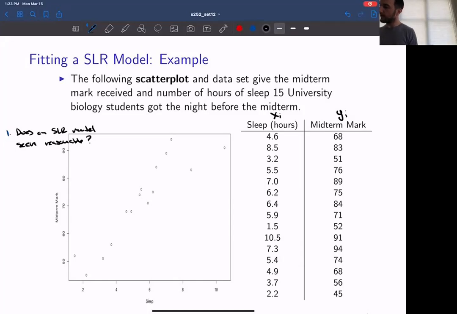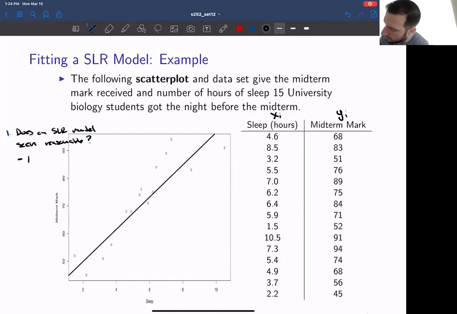Let's suppose that we just plop a line down on it randomly, something like this. We can see that there's certainly no curvature in the data. There is a bit of a weird dispersion. It almost looks like an X shape or a Y, so there's a bit of a break off at one point. But in general, the points seem to follow this straight line pattern. So the first assumption holds: there's no evidence to suggest that the relationship is not linear based off of the scatter plot.